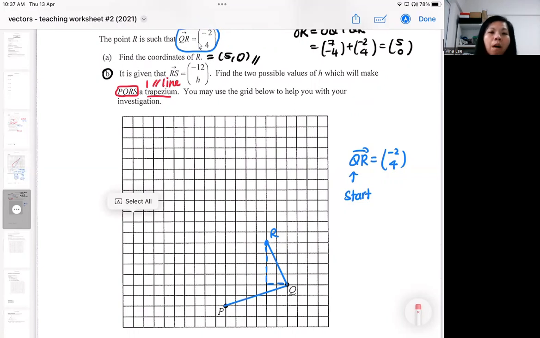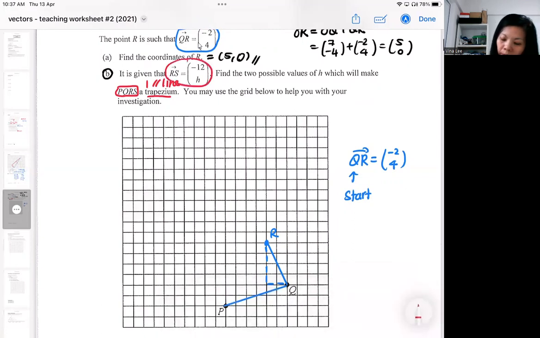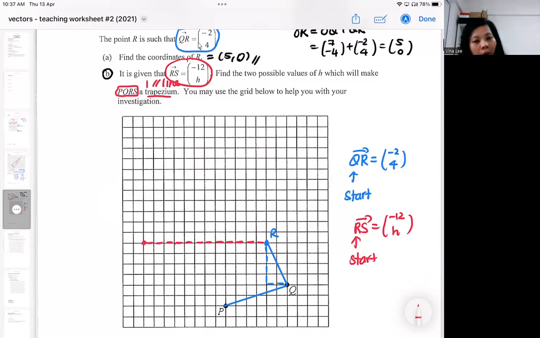So PQRS. So S is this. So you take a look at S. S is RS. So I need to make use of this part. RS is equal to -12H. So from R, you're going to move 12 units to the left. 4, 5, 6, 7, 8, 9, 10, 11, 12. You're going to move 12 units to the left.